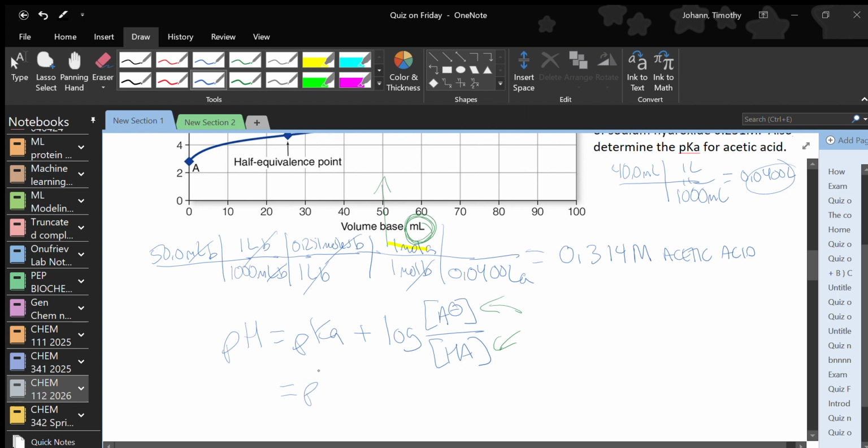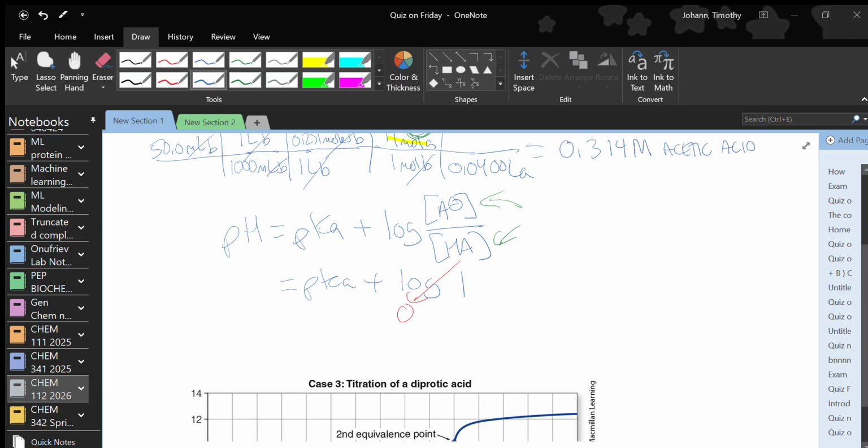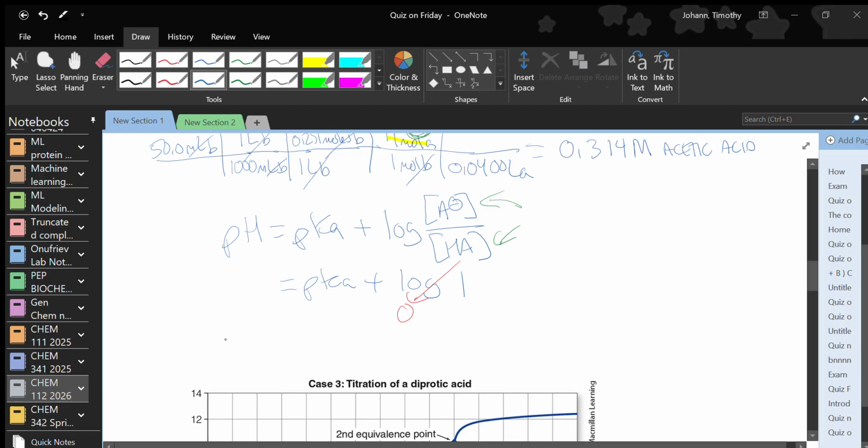That's equal to the pKa plus the log of 1. If you put the log of 1 into your calculator, you'll find out that the log of 1 is 0. And so what that means is when the concentration of my acid and my conjugate base are equal, my pH is going to be equal to my pKa. Okay? When A minus concentration is equal to HA concentration, like that.